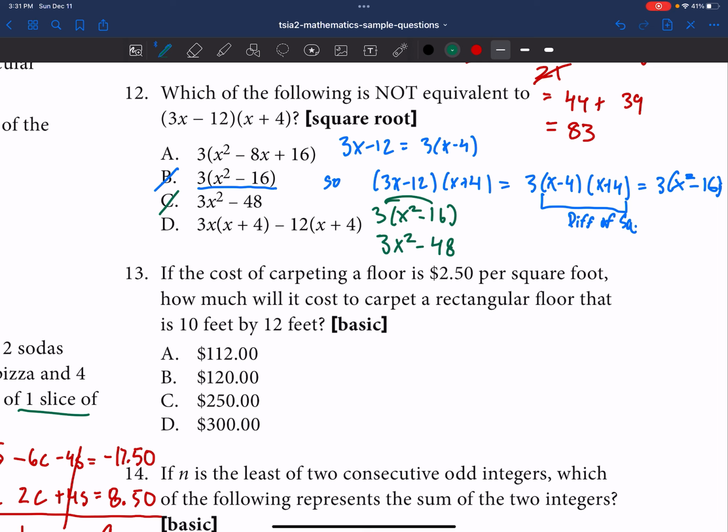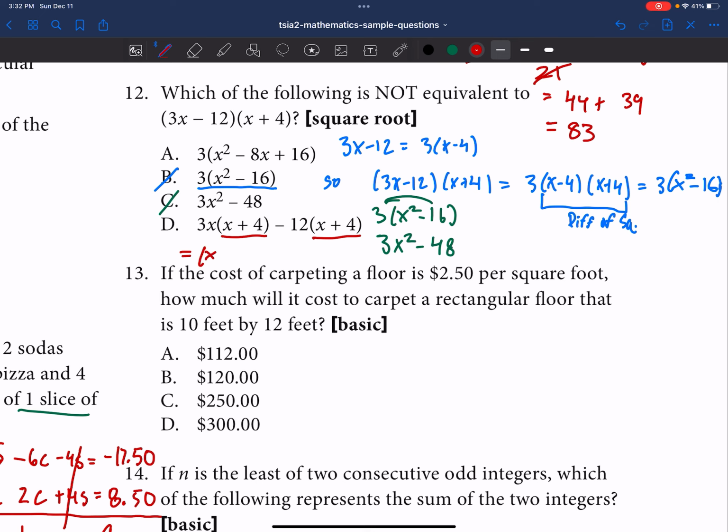I also can see that if I used distribution, if I said 3 times, oh, hold on, 3x, well, okay, no, not that way. Sorry. Rather, you see that 3x times x plus 4 and minus 12 times x plus 4, x plus 4 is the greatest common factor.